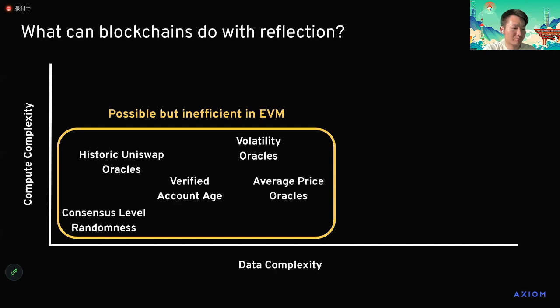This could be reading historical prices off Uniswap, constructing volatility oracles, or constructing an average price oracle, for example, between Uniswap and SushiSwap. For all of these, there are various workarounds you can do in the EVM today, but it can be made much more efficient by putting those workarounds in ZK.